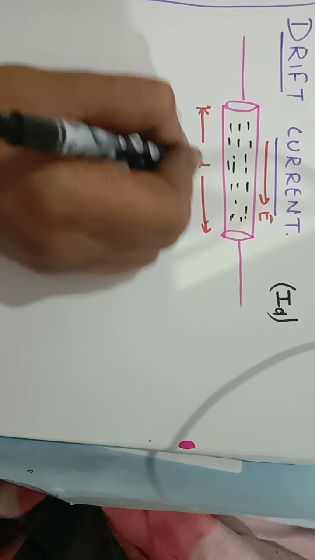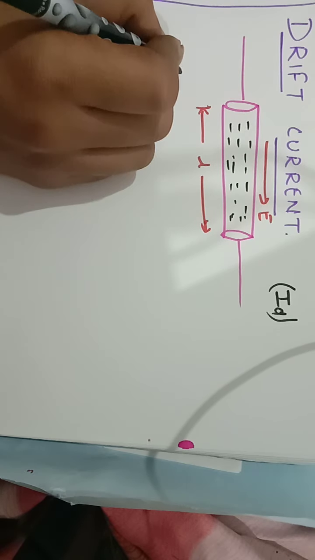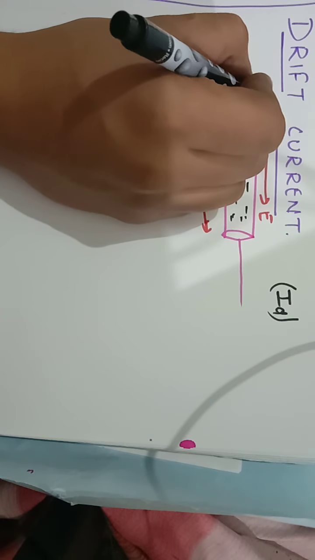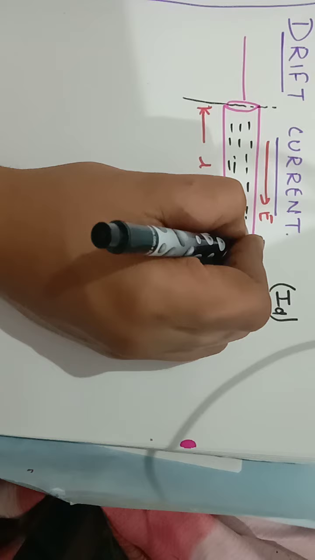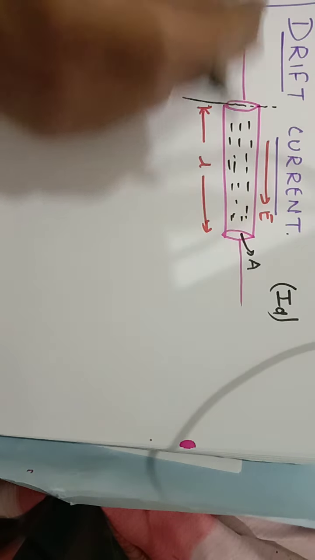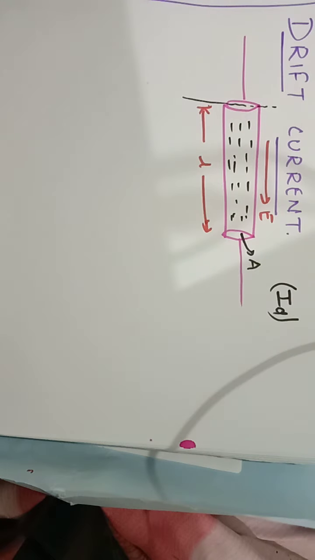So how can we find the expression of the drift current? Suppose we take the area as A, and we are considering this cross section.